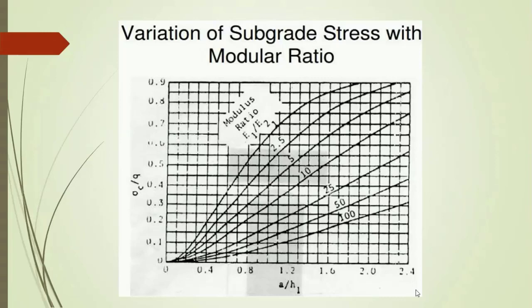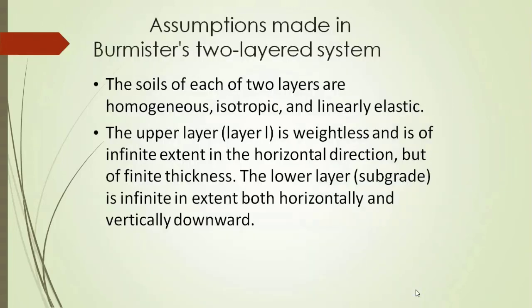Here you can see that the different modular ratios, that is E1 by E2, are given for the particular stresses. As I told you, there are some assumptions made for this method. So let us discuss the assumptions.